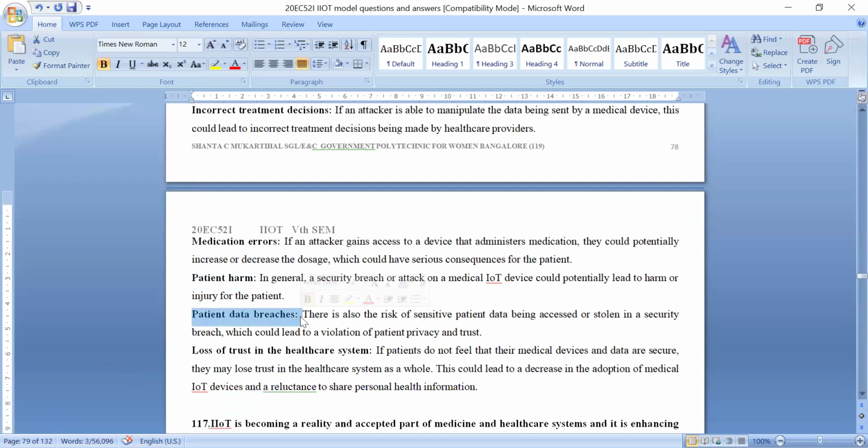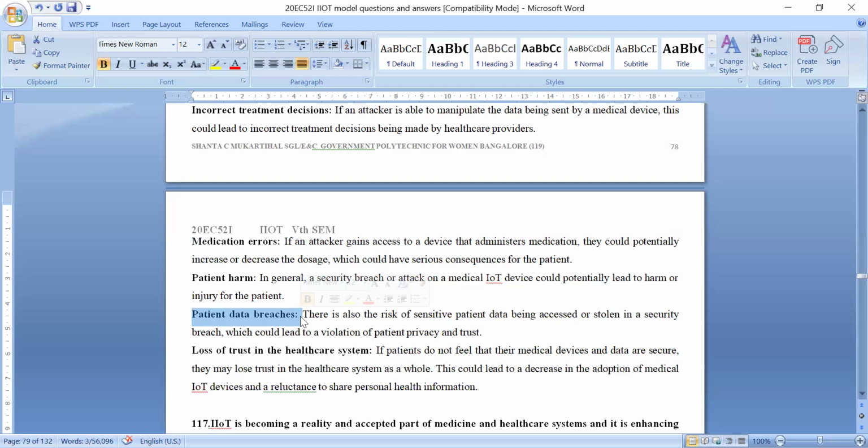Next, patient data breach. Breach means theft of sensitive patient data. IoT devices store personal health information, and if the attackers breach the security system protecting this data, then they can access the confidential medical records.